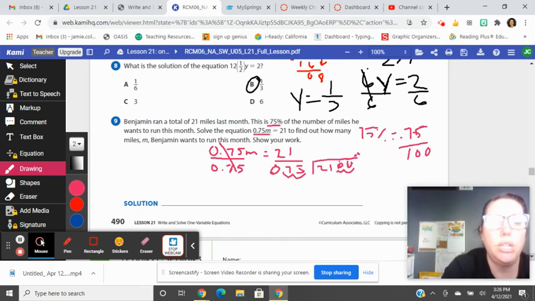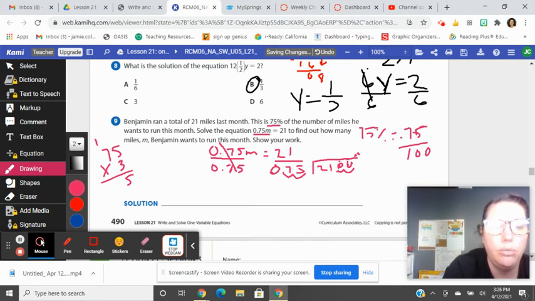I'm thinking 3 times, but let's try it. 75 times 3: that's 15, carry the 1, 21, 22, too high, so it has to be 2. 75 times 2 is 10, carry the 1, 14, 15, 150.